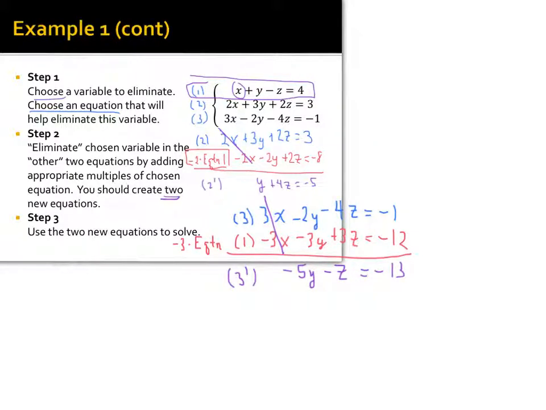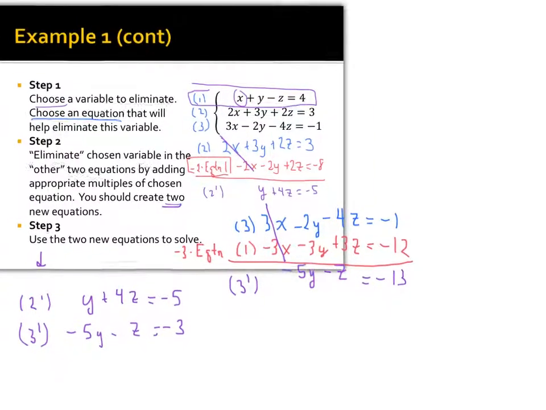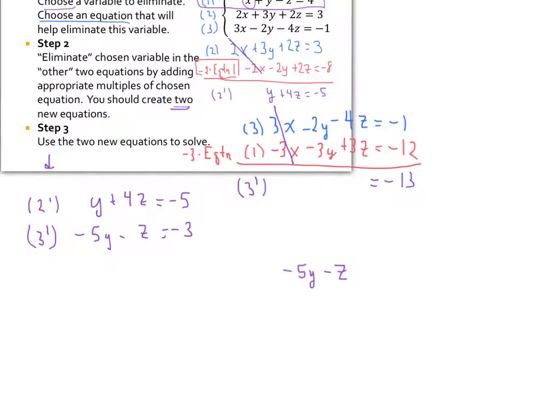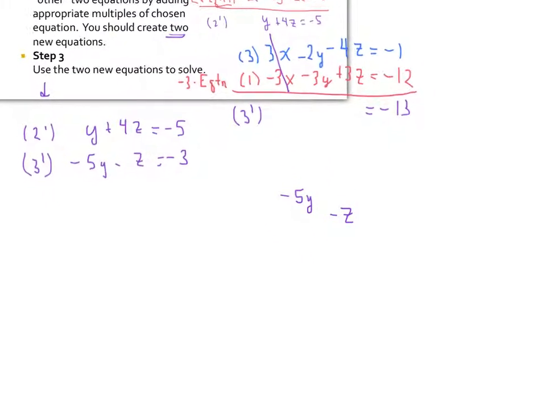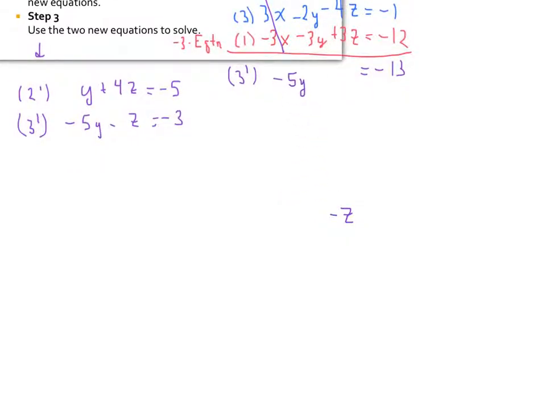So in step 3, I'm going to write my two equations. 2 prime, which is y plus 4z equals -5, and 3 prime, which is -5y minus z equals -13. And we basically repeat the process.